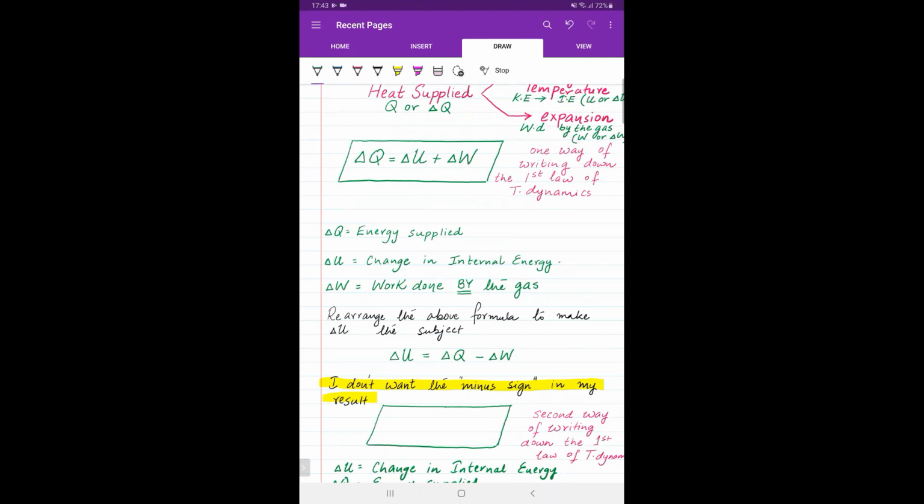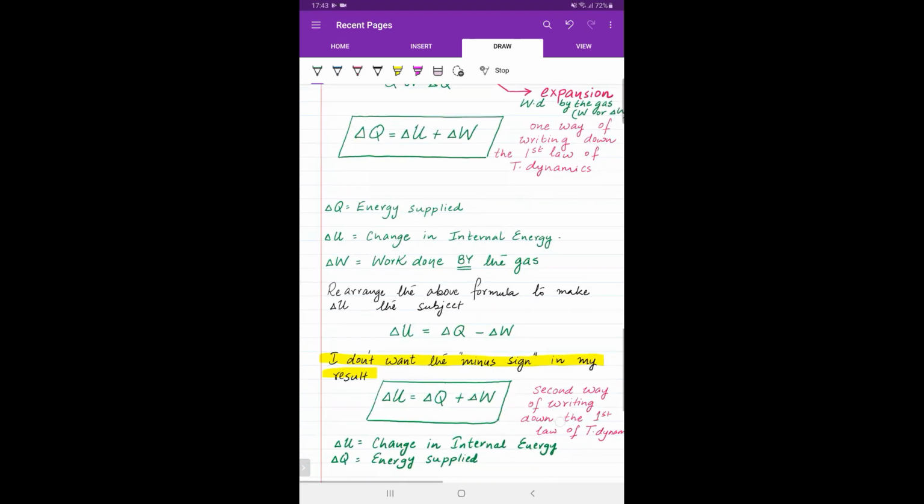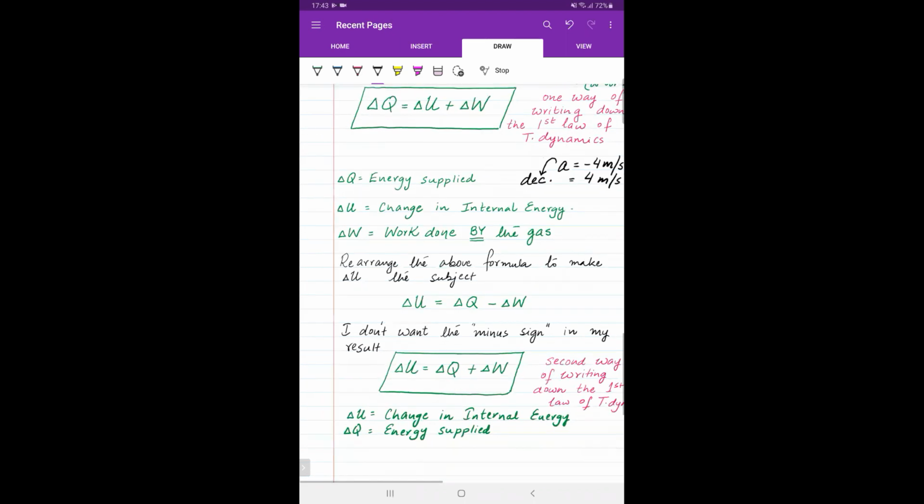So if I tell you कि यार मुझे minus sign नहीं चाहिए, so you would agree कि मैं minus sign को हटाकर इसको प्लस बना तो सकता हूँ, no worries, लेकिन so long as कि आप इस बात को recognize करें कि जिस तरह अगर acceleration में कभी -4 आता हो, and if I tell you कि यार मुझे minus sign नहीं चाहिए, तो you are allowed कि आप माइनस साइन के बगैर लिखो, तो आप इसको 4 करके बिल्कुल लिख देते हो, provided that फिर आप एक्सेलरेशन का नाम चेंज करते हो और इसका नाम चेंज करके आप इसको डिसेलरेशन बना देते हो, and then everything seems to be fine.